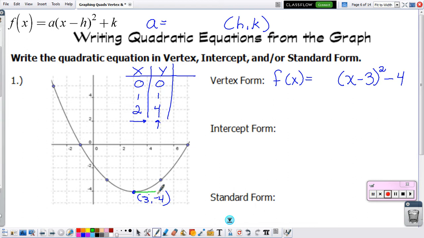Watch. I would go over 2, up 1, 2, 3, 4. That clearly does not happen here. Instead, I go over 2, but I'm only going up 1.